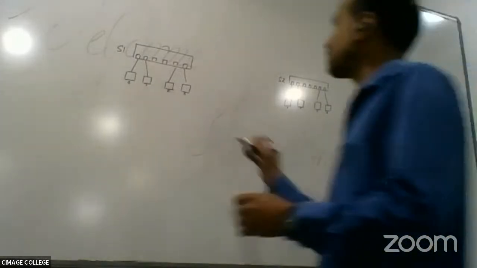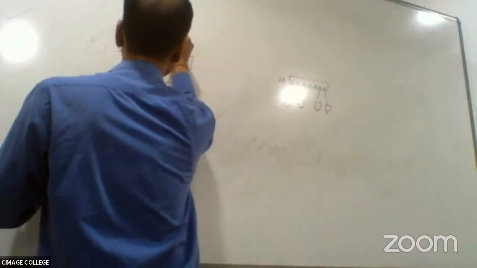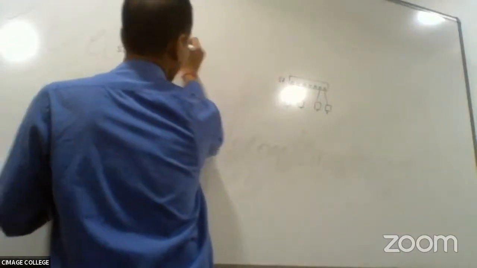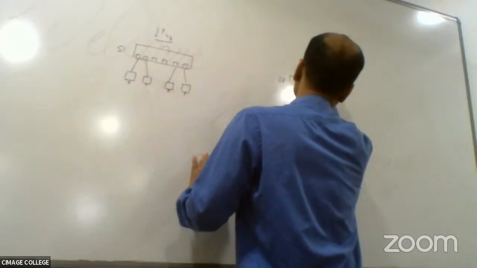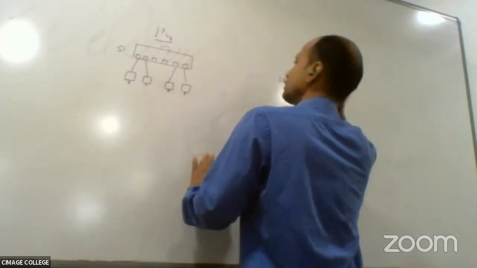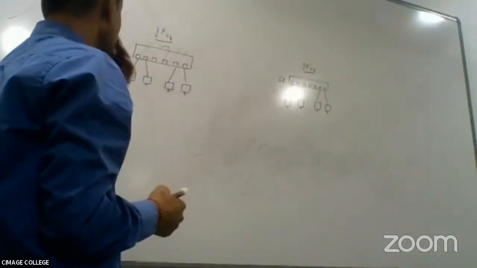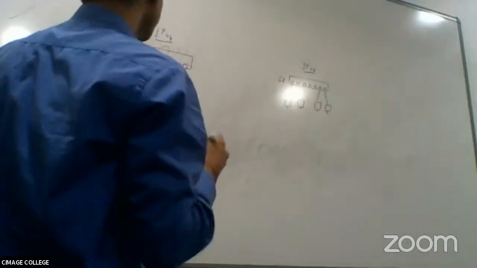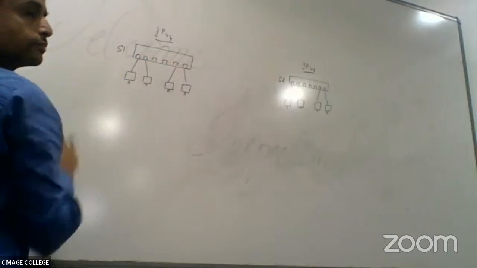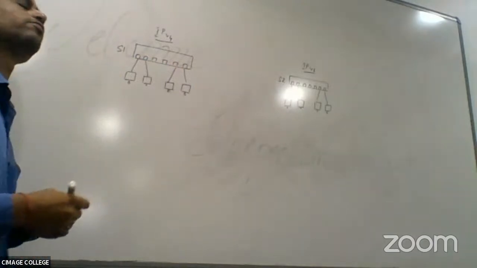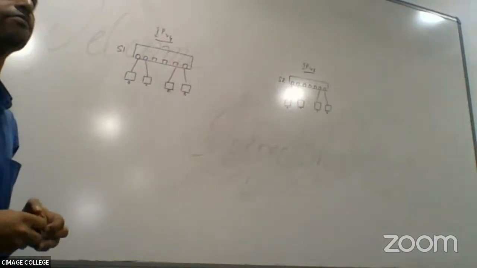This network will be based on IPv4 and this network will be based on IPv6. Fine. Now, decide about this network. Give me any network from class A, B, or C.